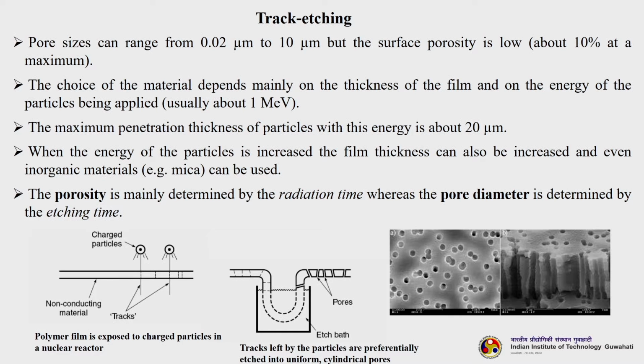Usually polymeric materials are used, however, in recent times some advancements have taken place where they have used some inorganic materials also, as for example mica. Okay. So, the porosity is mainly determined by the radiation time, okay, whereas pore diameter is determined by the etching time. Okay. So, etching is done to remove whatever loose or adhered particles are attached to the crack, okay, then the pores will be cleaned.